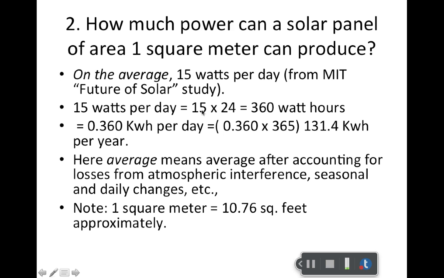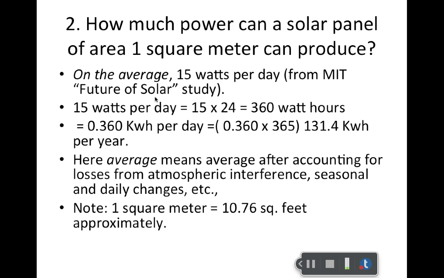So one solar panel of area 1 square meter on average produces about 15 watts per day. This is an estimate from the MIT study, Future of Solar, and they use all kinds of assumptions.